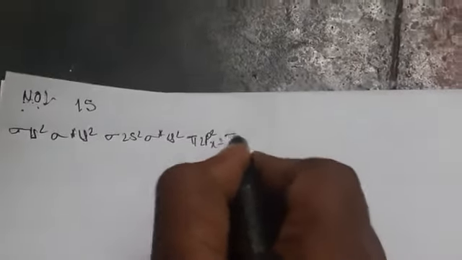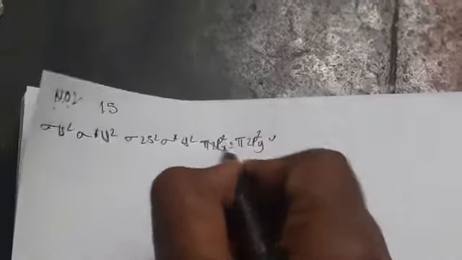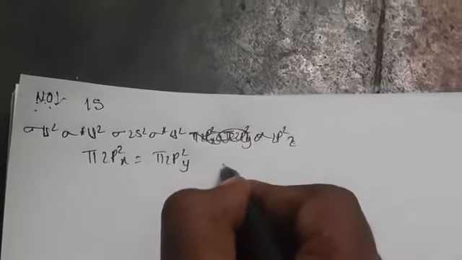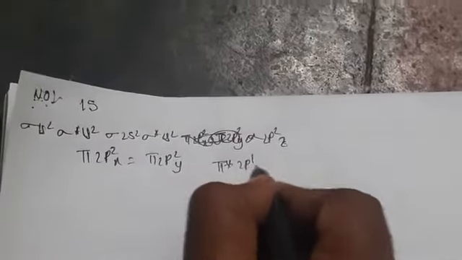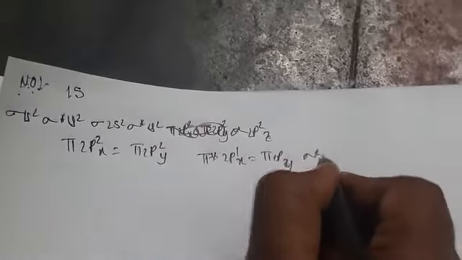15 is the configuration. So the configuration we are getting here is sigma 1s2, sigma star 1s2, sigma 2s2, sigma star 2s2, pi 2p2x, pi 2p2y, sigma 2p2z, pi 2p2x equals pi 2p2y, and pi star 2p1x equals pi 2py, sigma star 2pz.